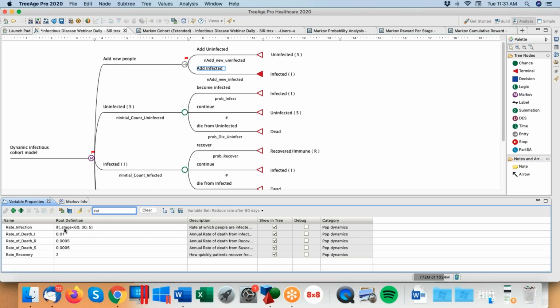So I know I just made this up, but what it's trying to illustrate is if we take action to reduce the rate, what does it do? So in this case, after 60 days, we drop the rate significantly. So we've got everyone staying home.